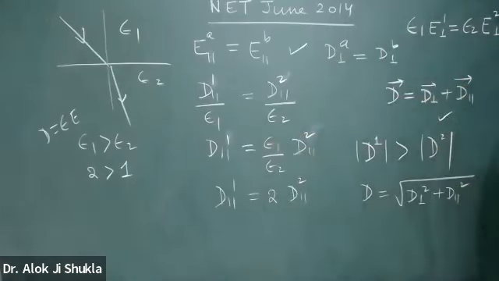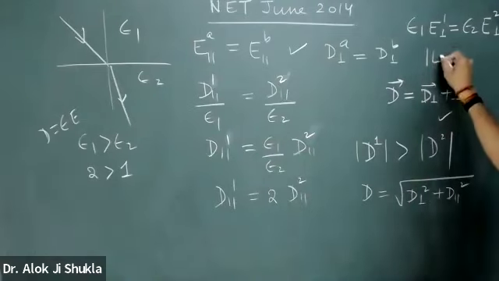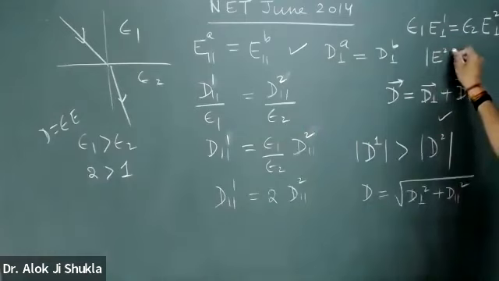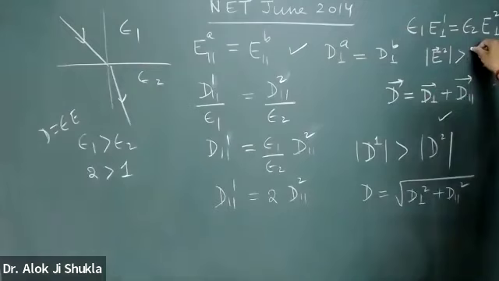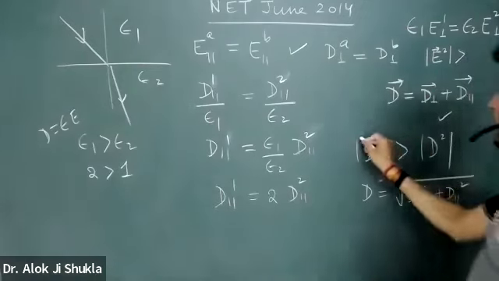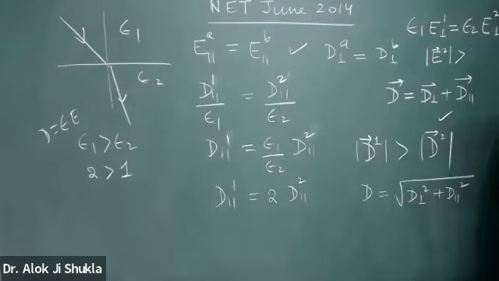You can write the modulus of E2 vector is greater than the modulus of E1 vector. You can put a vector here because of this. Did everyone understand?